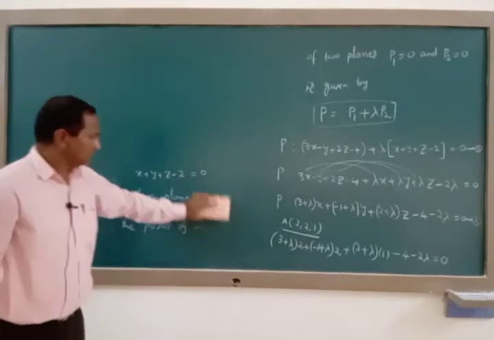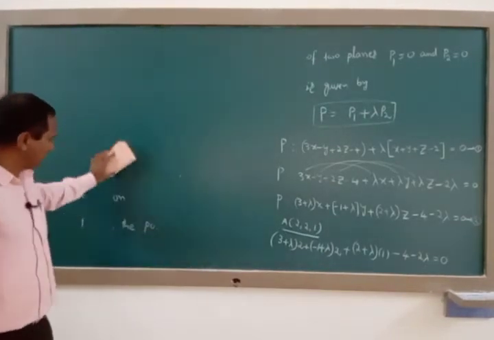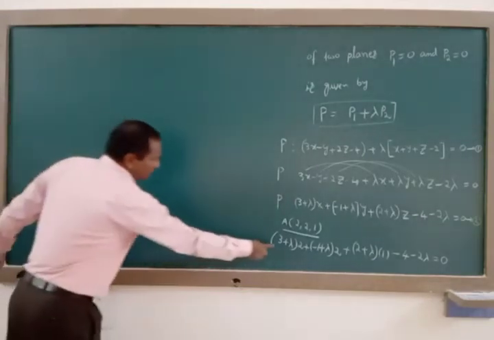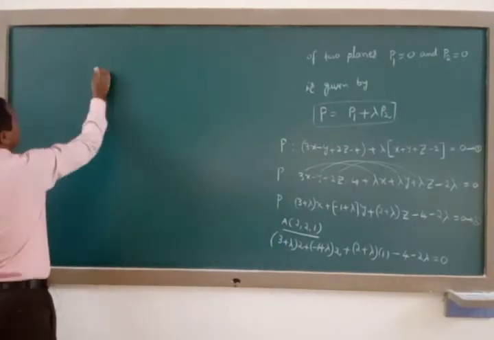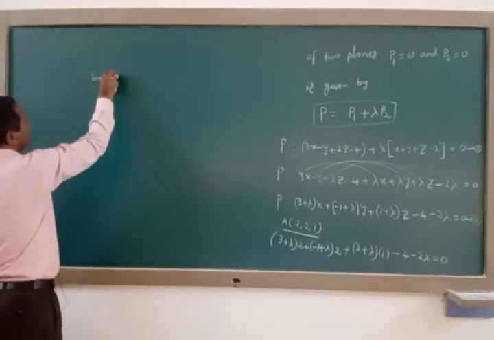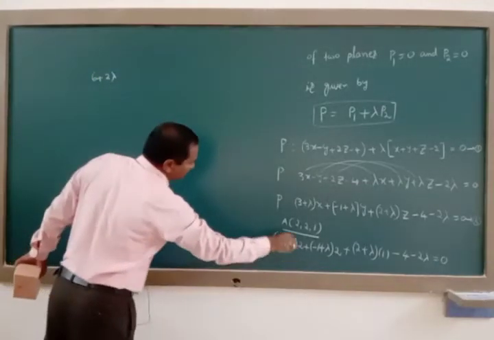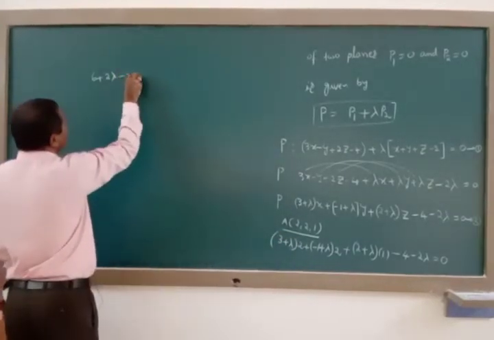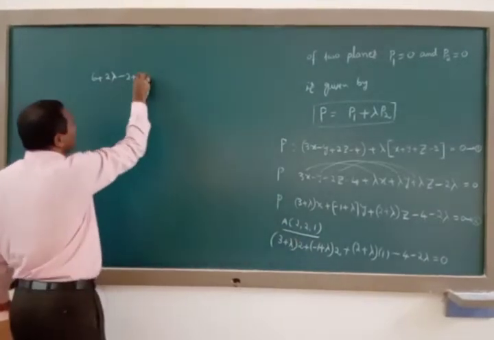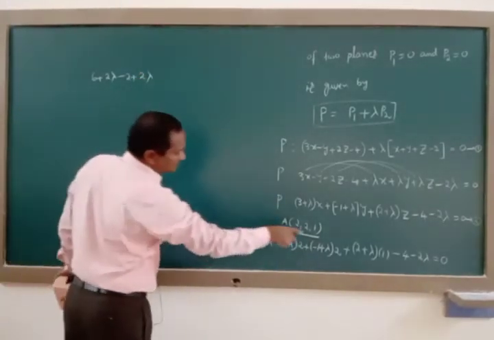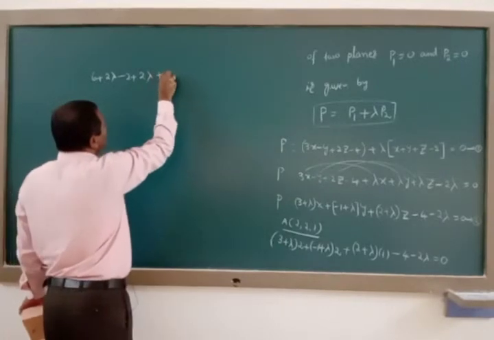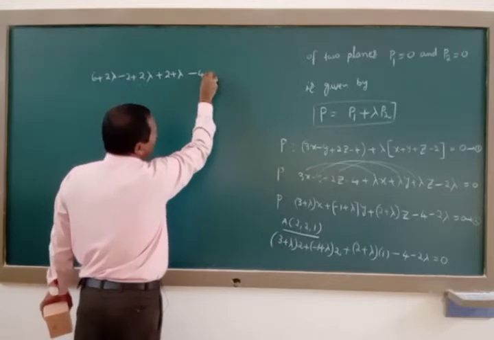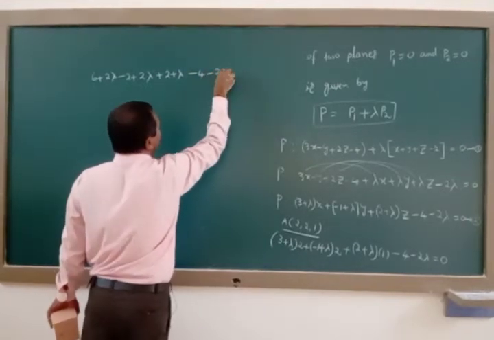Multiply by 2 here: 2 times 3 is 6 plus 2 lambda. Next multiply with 2: 2 into minus 1 is minus 2 plus 2 lambda. Last one multiply with 1: 2 plus lambda, minus 4 minus 2 lambda is equal to 0.